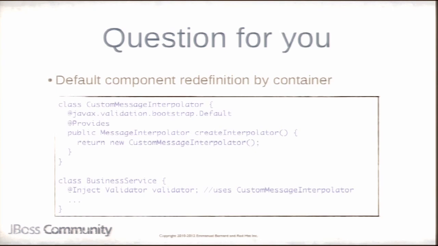An alternative could be to use some kind of annotation-based qualifier and a provider from a CDI point of view to say, you know what, the default message interpolator I want to use as an application is this one. So please pick up this one instead of the one from XML or even the default one. I don't know if that interests you. Think about it and come back in the Q&A session and let's have a discussion about that.